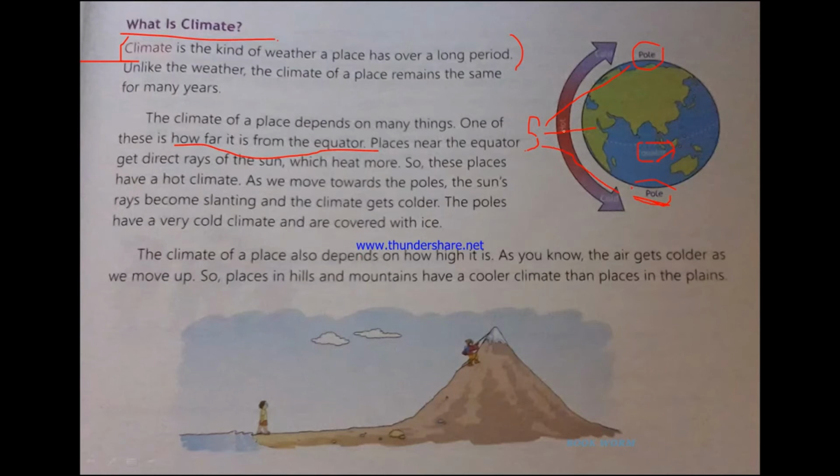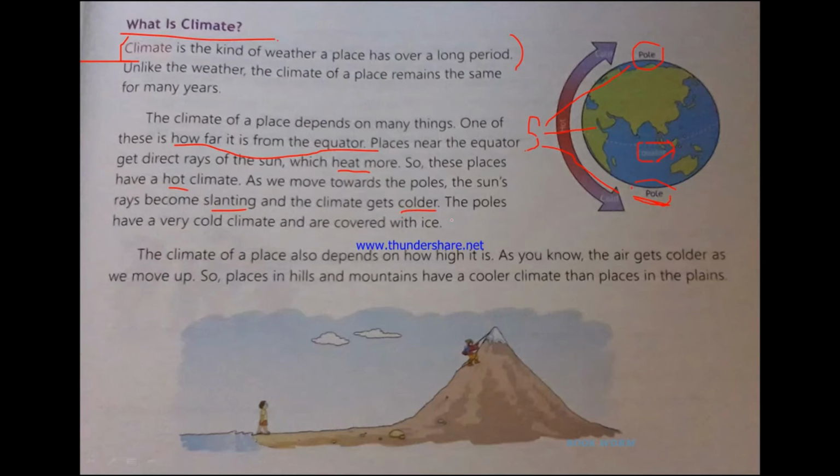When the sun rays are straight and short, the place gets more heat, so the place has a hot climate. But as we move towards the poles, the sun rays become slanting and the climate gets colder.